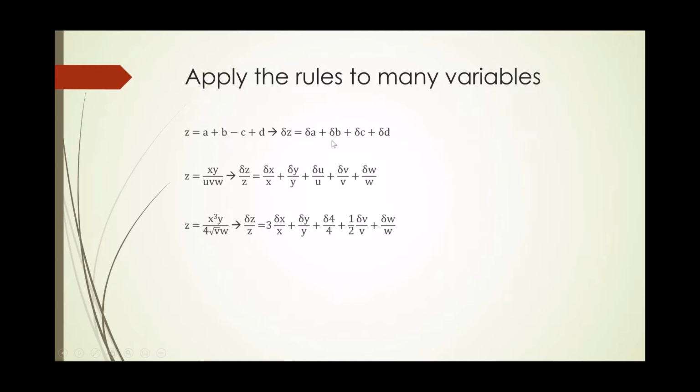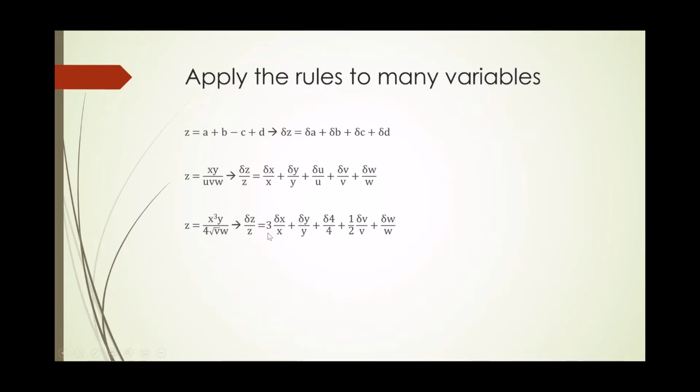Just add the individual absolute uncertainties together and you get the absolute uncertainty of the result. If they're all multiplication or division, the same thing, only this time you have to deal with relative uncertainty. If it's multiplication, division, and exponent, then you can apply rule number 2 first, and then rule number 4.